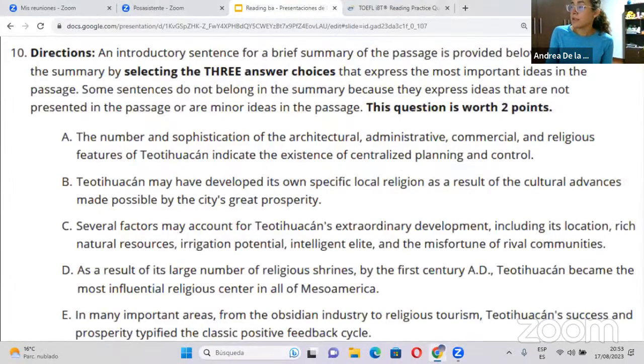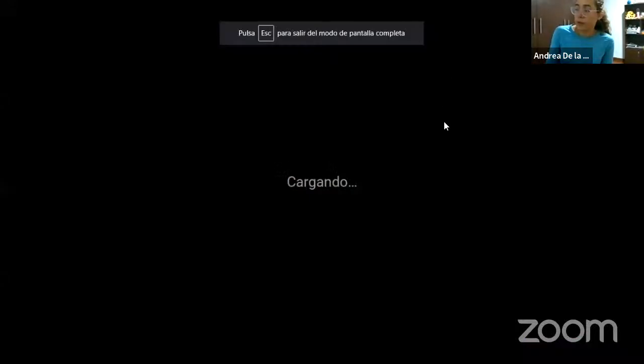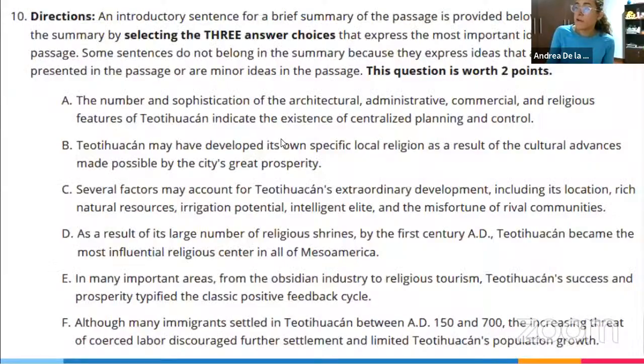So if you take a look at option E, basically it covers the same idea, right? It says in many important areas, from the obsidian industry to religious tourism, Teotihuacan's success and prosperity typified a classic positive feedback cycle. So basically option E says that in many important areas, from the obsidian industry to religion, going over many more things, Teotihuacan typified a classic positive feedback cycle.